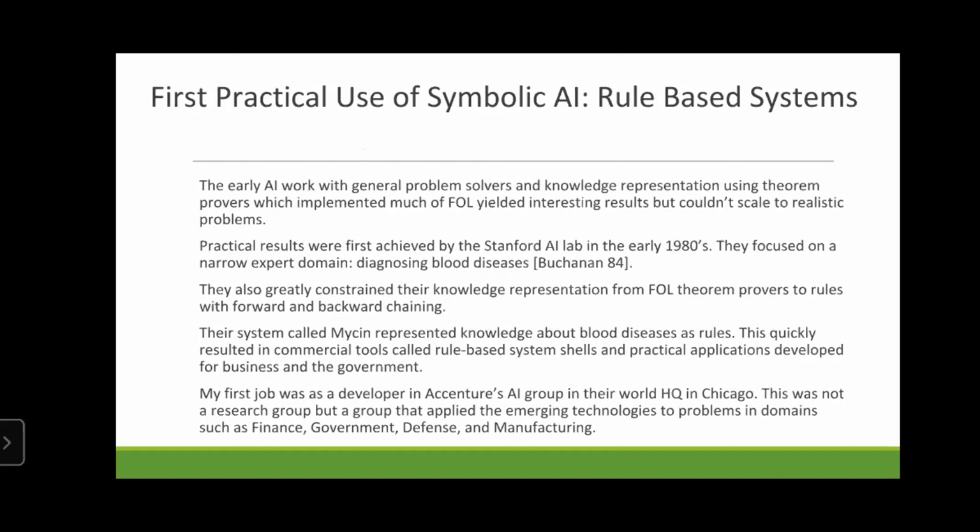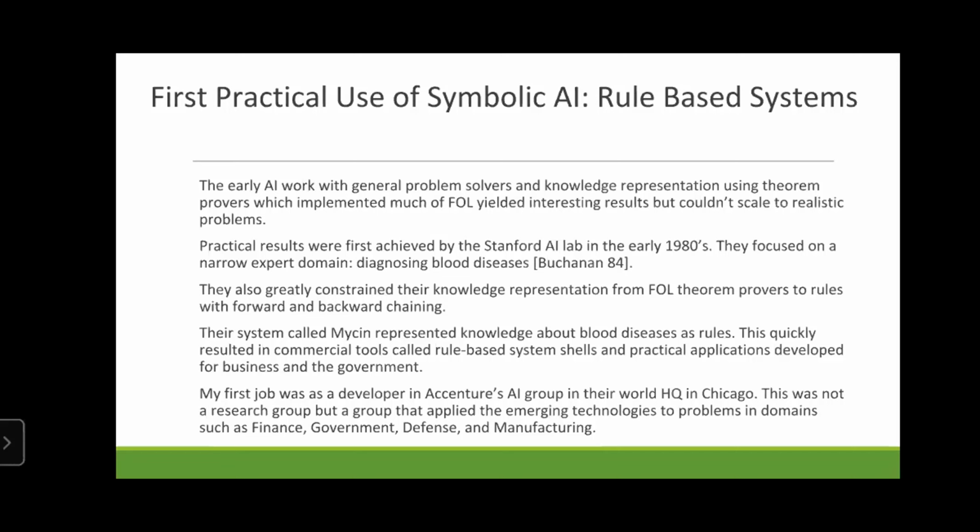So this led to the first practical use of symbolic AI, which was rule-based systems. Based on the understanding about the difficulty of using full theorem provers, the researchers, and this was pioneered by people at Stanford working in the AI lab there and with the people in the medical center, scaled back the kind of reasoning they were trying to do considerably.